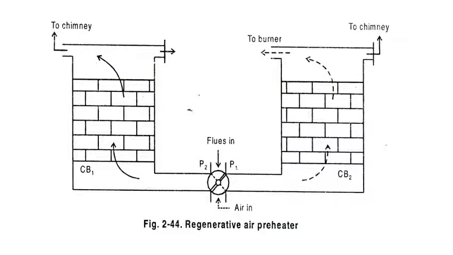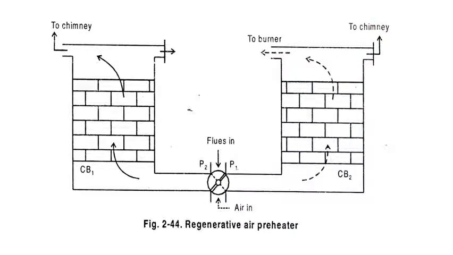So here you can see the sketch of a regenerative air preheater, right? The air passes from the fan to the burner. Here the flue gas goes to the chimney. Similarly, a partition in the preheater is shown here by 2 passages, right?